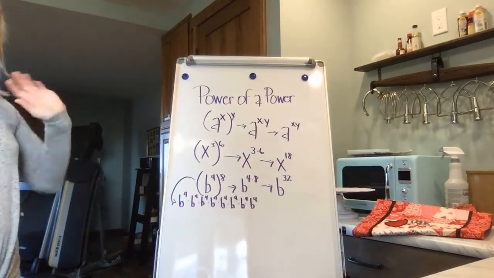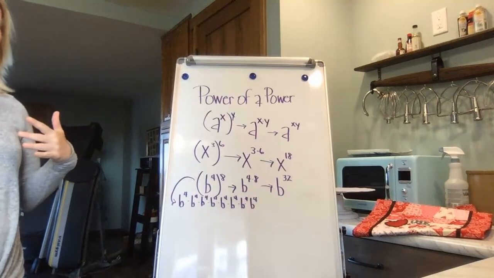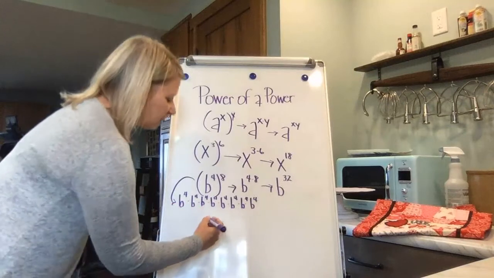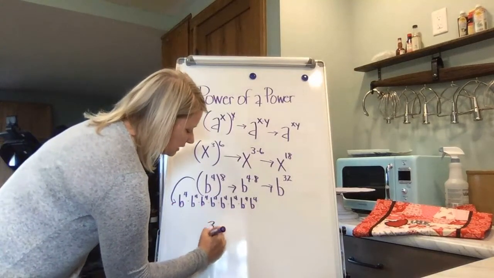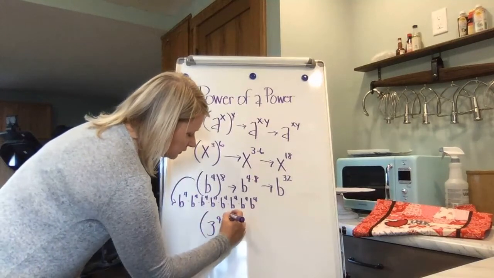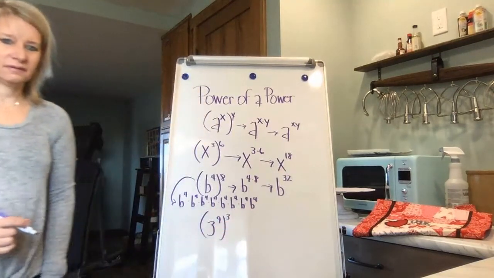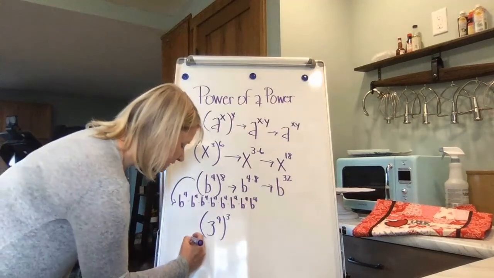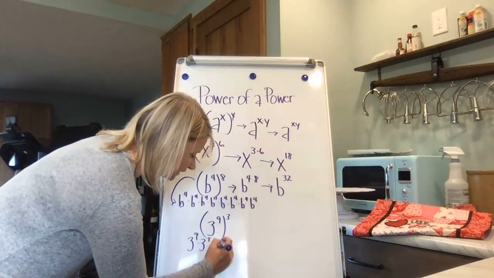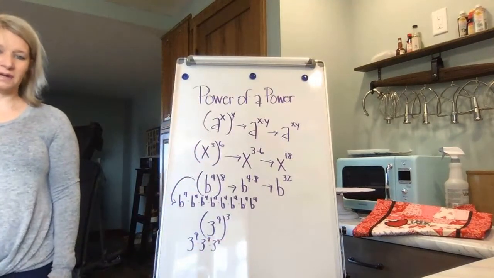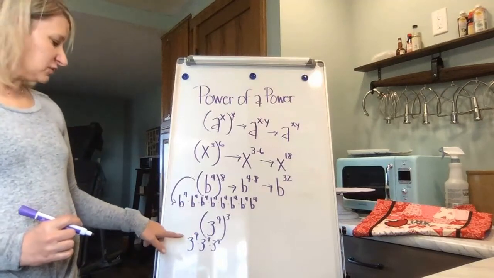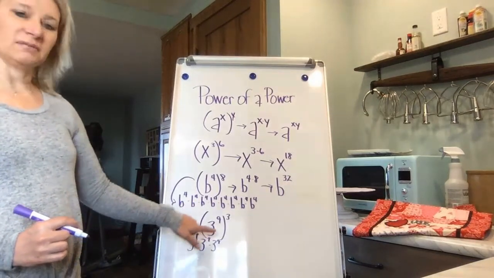Let's try an example with a number. I honestly don't know if you have numbers today. I can't remember. I looked over it really fast. So let's try 3 to the 9th power, and that is cubed. Again, this means 3 to the 9th times 3 to the 9th times 3 to the 9th. If I would use my product of powers rule, I could say this is 9 plus 9 plus 9.